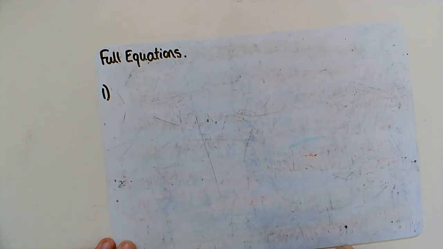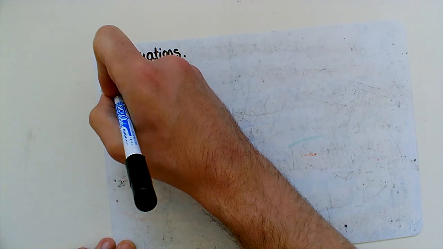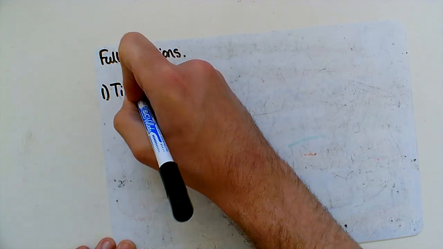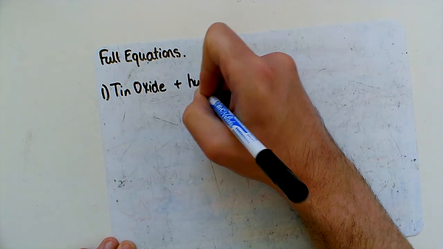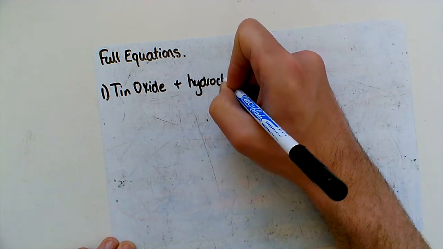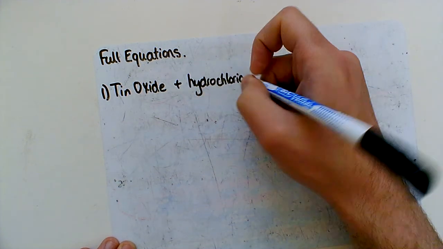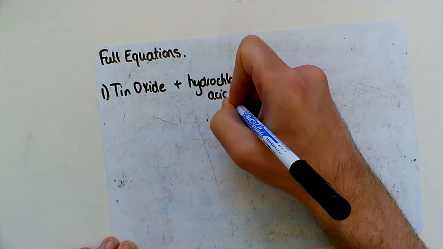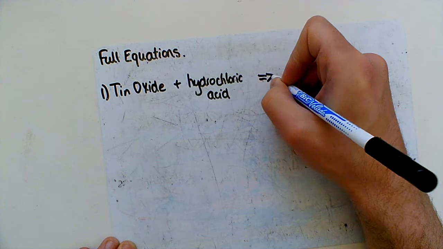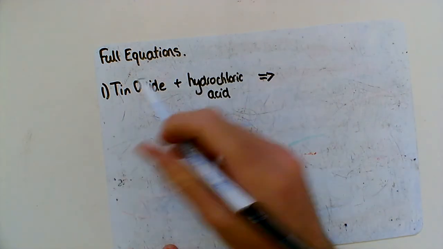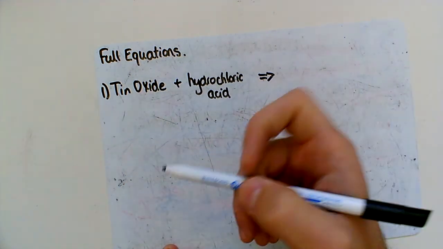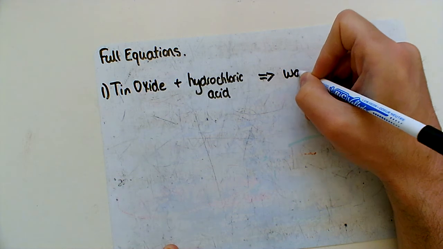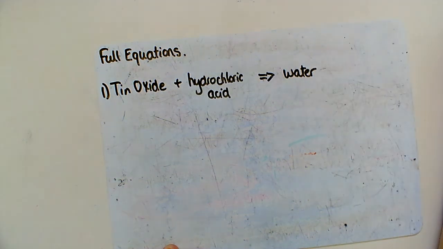So first one, we will do tin oxide plus hydrochloric acid. Well, it's a metal oxide plus an acid, so the two products are going to be water and a salt.